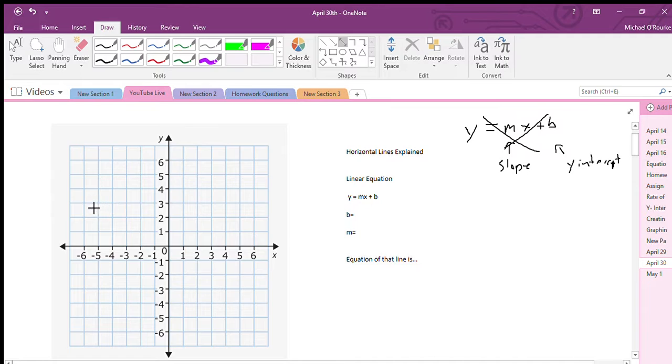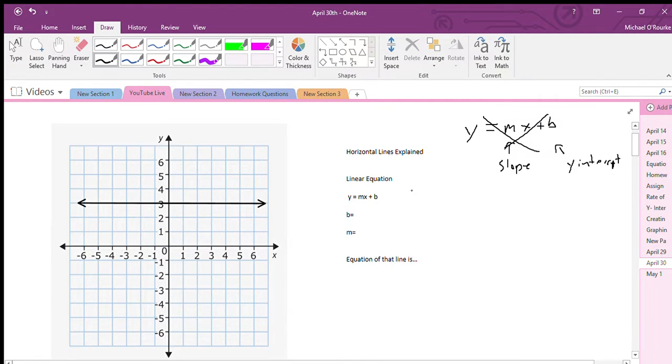So we're going to do a horizontal line that looks like this. I'm going to try to make it go through 3, best I can. There we go. So let's pretend that's horizontal for fun. There we go. There's a horizontal line. So let's look at this line. Okay. Let's look at the y-intercept.